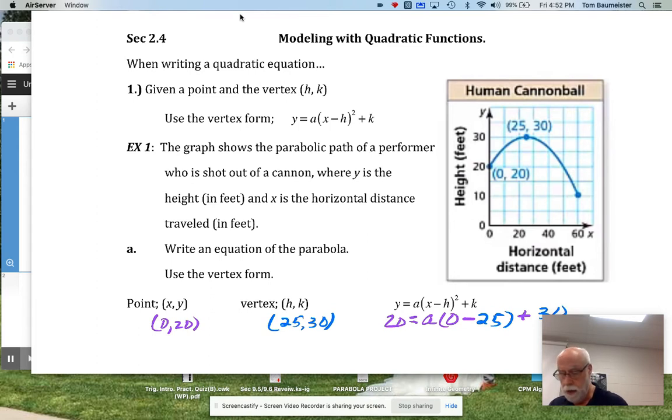Now I need to solve for a. That's the only unknown I have there.